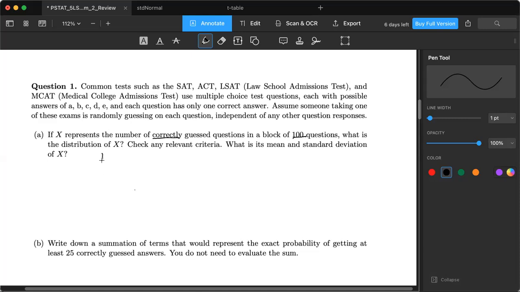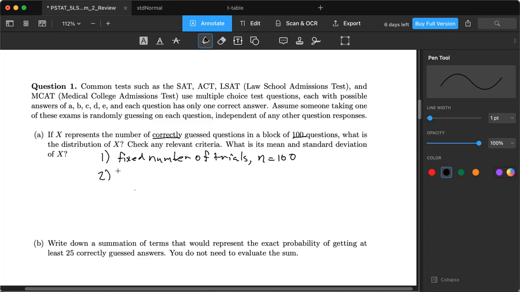So let's just check the criteria first. The first criteria for checking if something is a binomial distribution is that it has a fixed number of trials. And in that case, we do. We have that n is equal to 100.